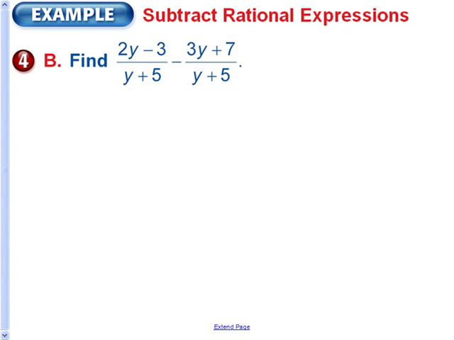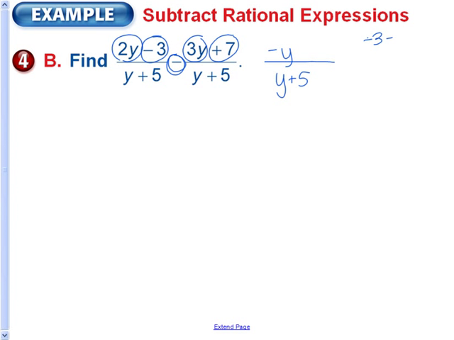Let's take a look at this one. Again, it's subtraction. So we've got a y plus 5. And so we take 2y minus 3y, which would make a negative 1y, or just negative y. Negative 3 minus positive 7.